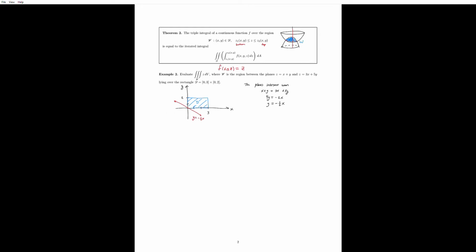If this line were to have gone through our region, then we'd actually have to split up our triple integral into integrating over the one side and then integrating over the other side. Why? Because on this side one z value is greater than the other z value, the other plane, and over here we would have the opposite.